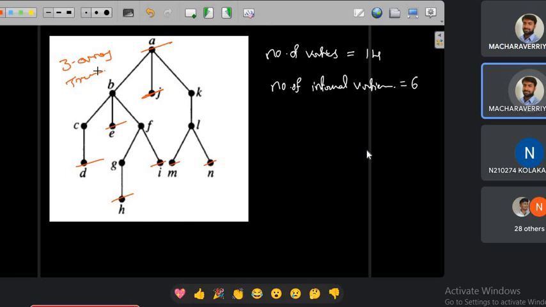Why? Because knowing the internal vertices, we can know how many children each can have exactly. So based on that we can easily count. So this is not a full 3-ary tree. So we are not talking about these things.